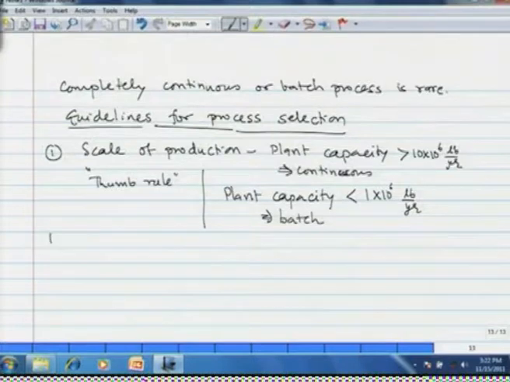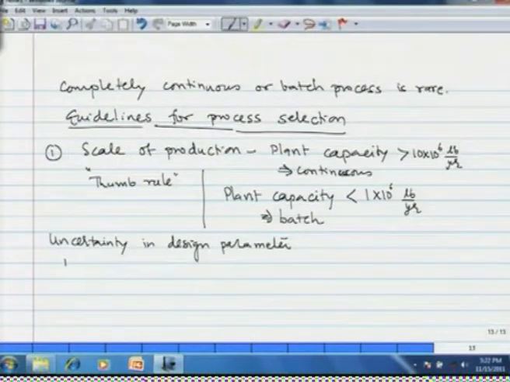Now, uncertainty in design is also a factor. Like I just said, the catalyst deactivation rate is a parameter which cannot be determined with accuracy. So, that is an uncertainty in design. So, if a process design for a new product has several uncertainties, then it is a good idea to carry out that process in batch mode, where you can start up and shut down equipment and do all the process changes more frequently.